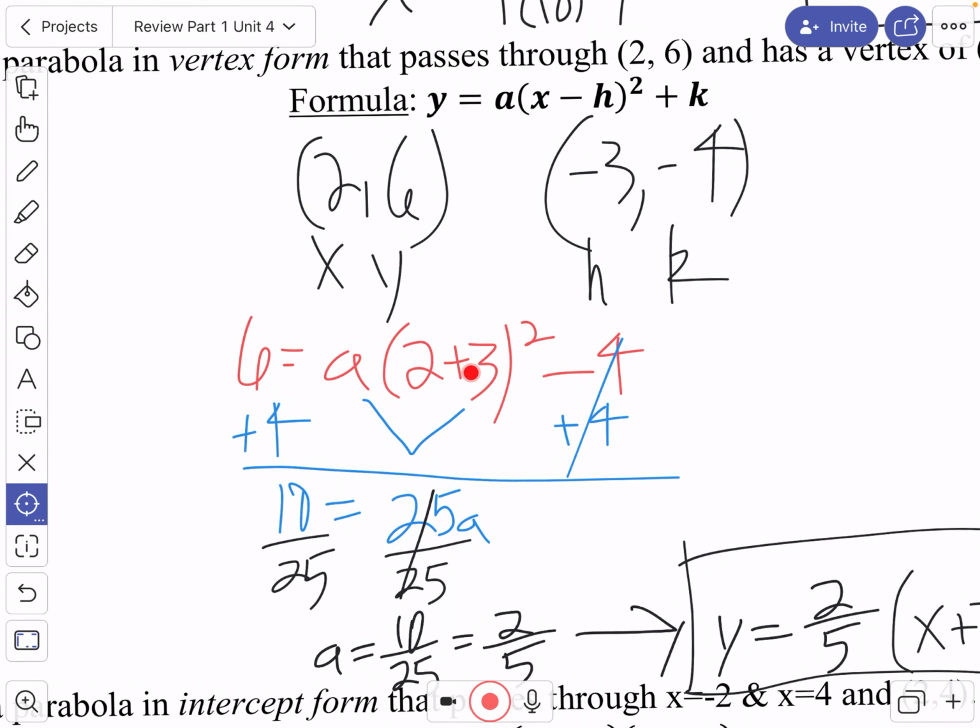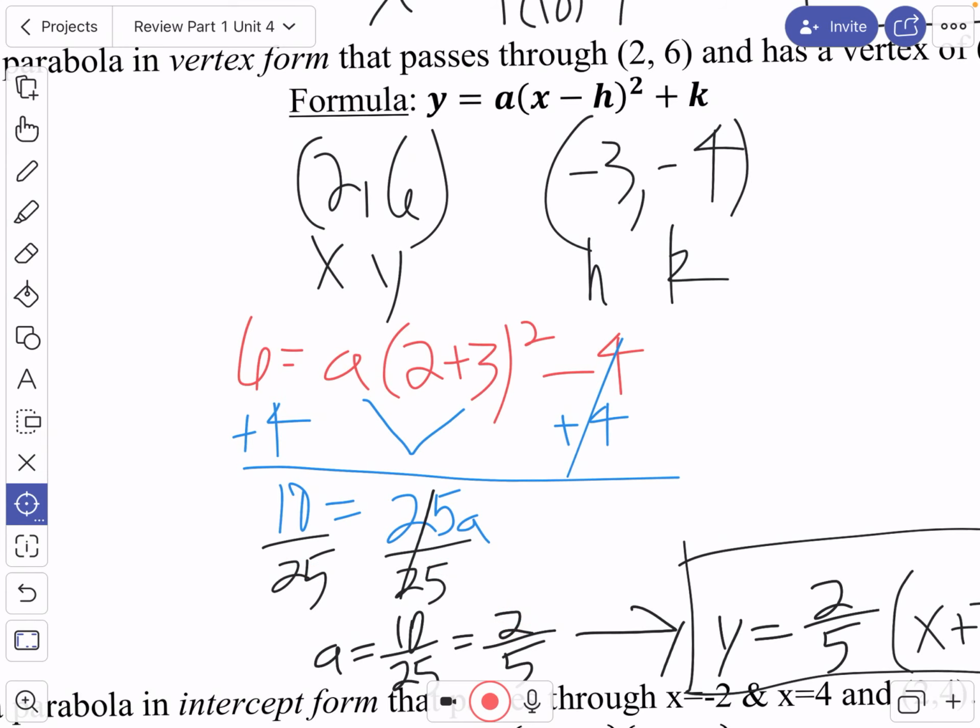So do 2 plus 3, that's 5, and then square it. 5 squared is 25. So that's how I got 25a, because once you figure this number out, it'll go in front of the a. And then all you have to do is just add 4 to the other side, because it's not tied into this. So add 4 to the other side and you get 10. 10 equal to 25a.